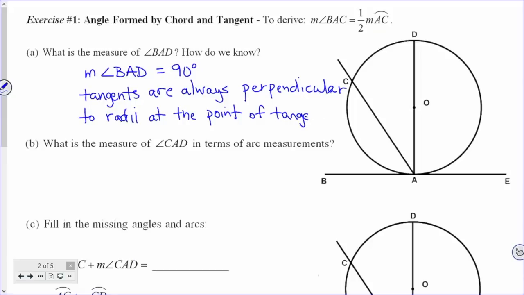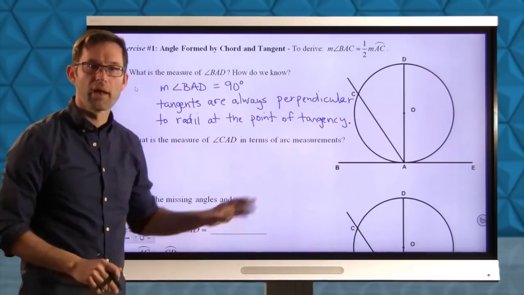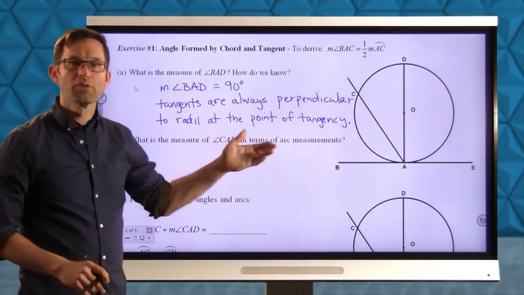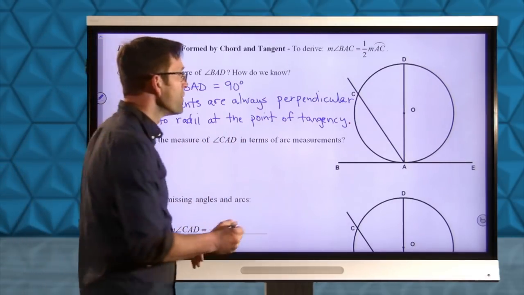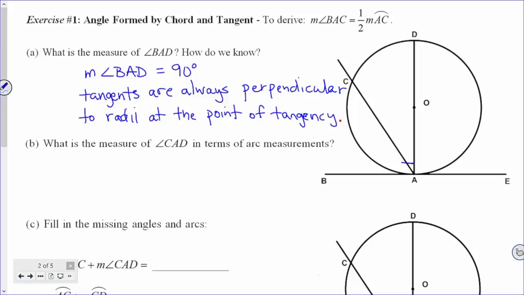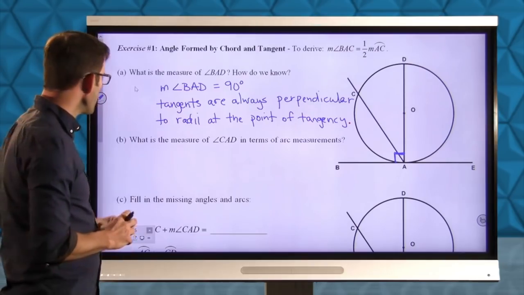Tangents are always perpendicular to radii at the point of tangency. So let me actually draw that in. We've got this nice 90-degree angle there. All right, great.